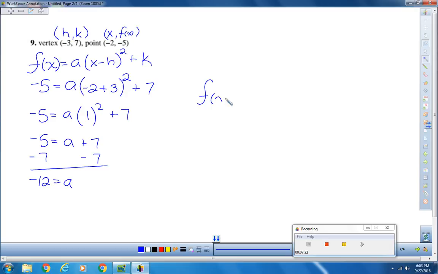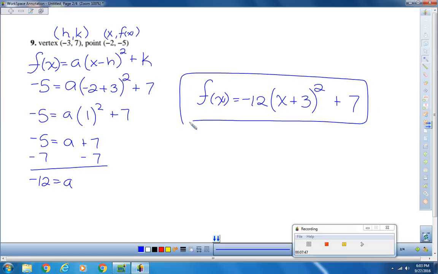F of x is equal to a, which is negative 12, x minus h, and remember this is minus a negative 3, so I'm going to make that plus 3, squared plus k, and remember k is 7, so we're going to put plus 7. So that's my equation of a parabola in vertex form when it went through the vertex and a point.